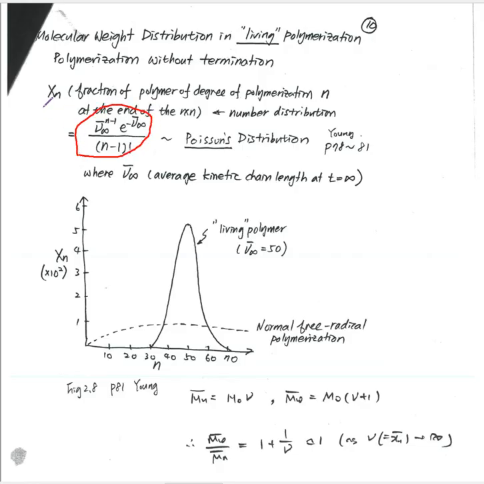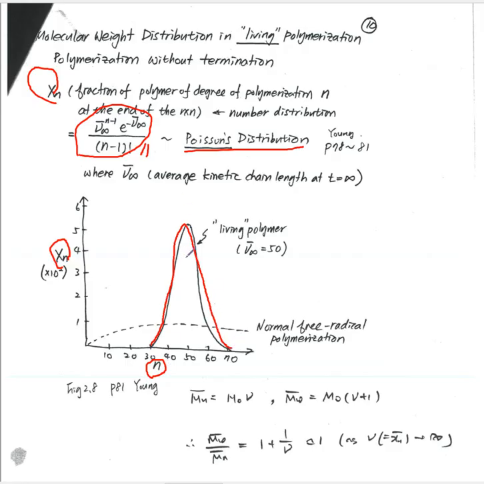If you want to derive the molecular weight distribution in this living or anionic polymerization, the number average degree of polymerization has this equation form, which is called the Poisson distribution. And if you plot this Poisson distribution as a function of the number of chains, let's say that it has this form.